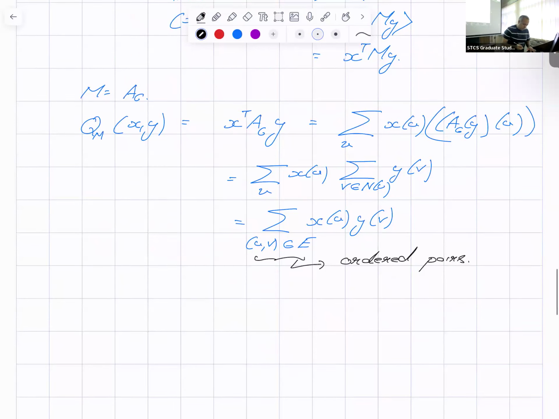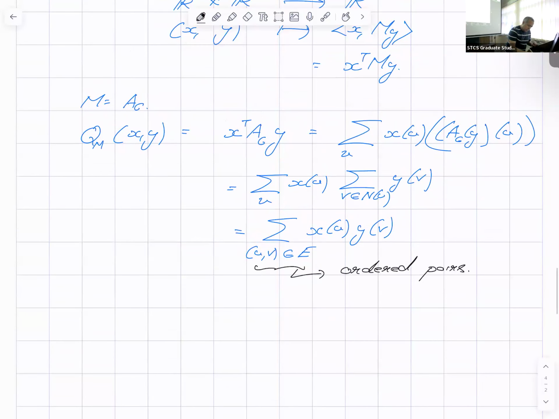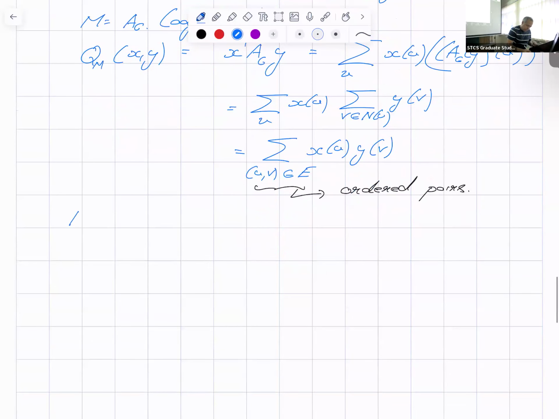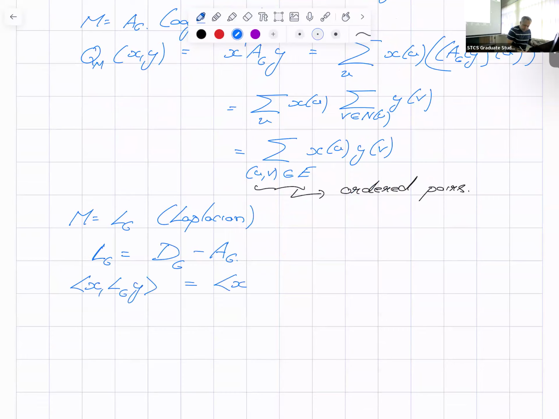Okay, it's when we look at operators and quadratic forms that the Laplacian will come out much nicer. Let's actually do this for the Laplacian. So this is when it was the adjacency matrix. What happens when M is the Laplacian? For now, let's just go with the blind definition of a Laplacian. We know that the Laplacian is D_G minus A_G. Therefore, x L_G y is nothing but x D_G y minus x A_G y.